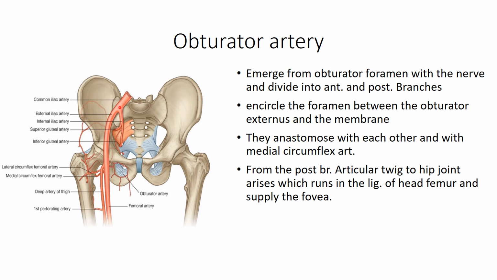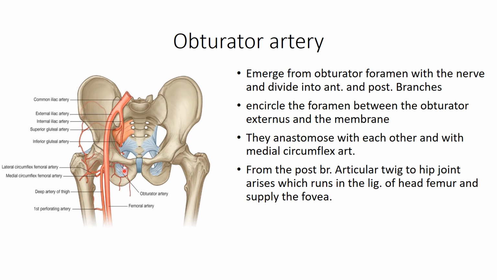Here you can appreciate the common iliac dividing into external and internal iliac. So it arises as a branch of the internal iliac artery, and it emerges from this gap above the obturator membrane because the membrane failed to fill the obturator foramen completely. So there is a gap above from which the neurovasculature of this medial compartment passes.